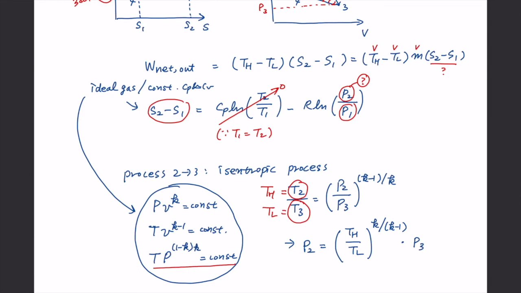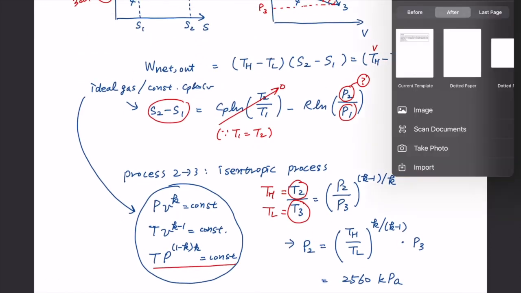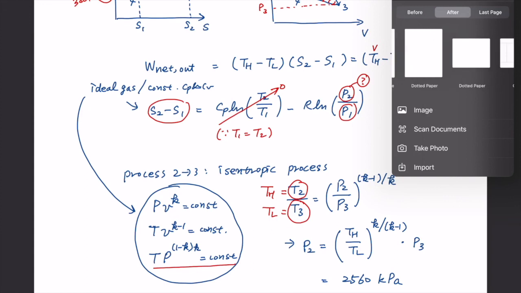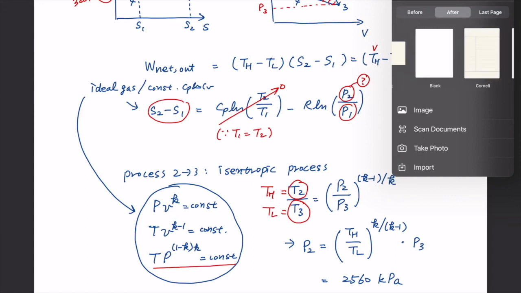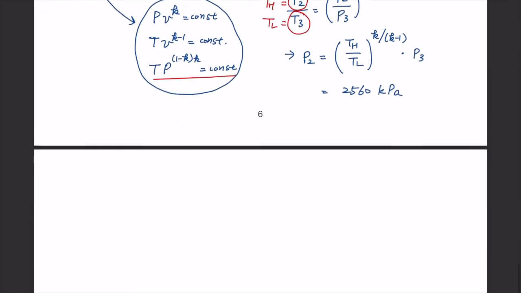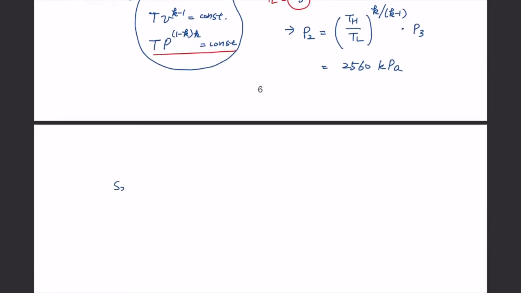And if you apply all values here, that gives us 2560 kilopascal. So from those values, what you know is S2 minus S1, which is minus R natural log P2 over P1. And now we know everything, so it gives us 0.128 kilojoule per kilogram Kelvin.